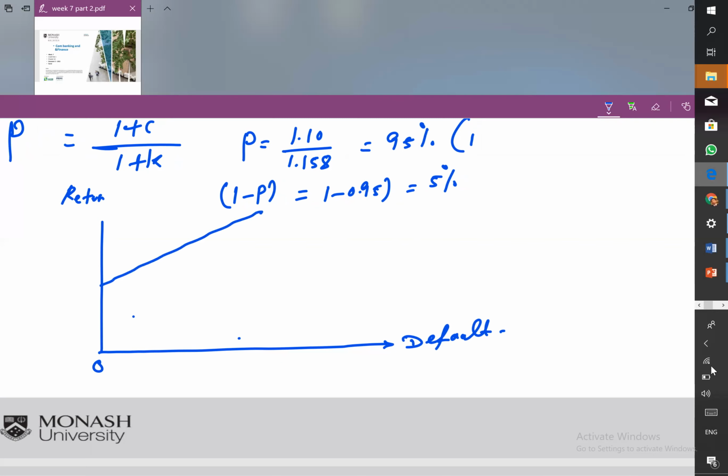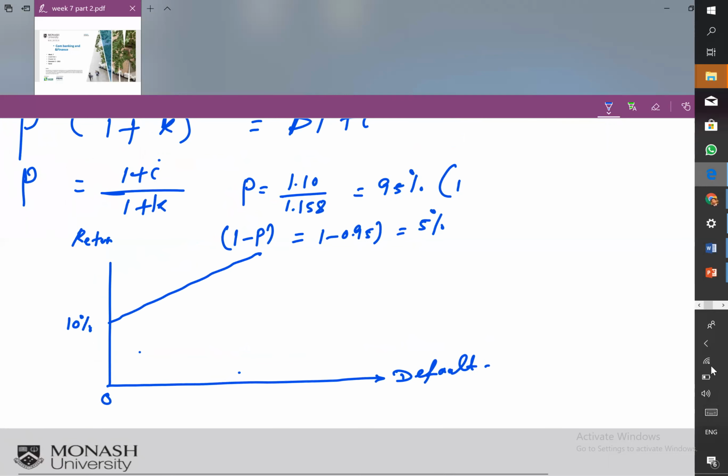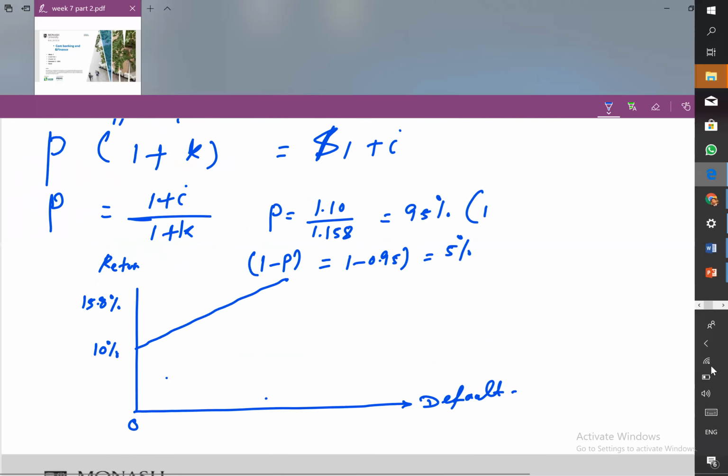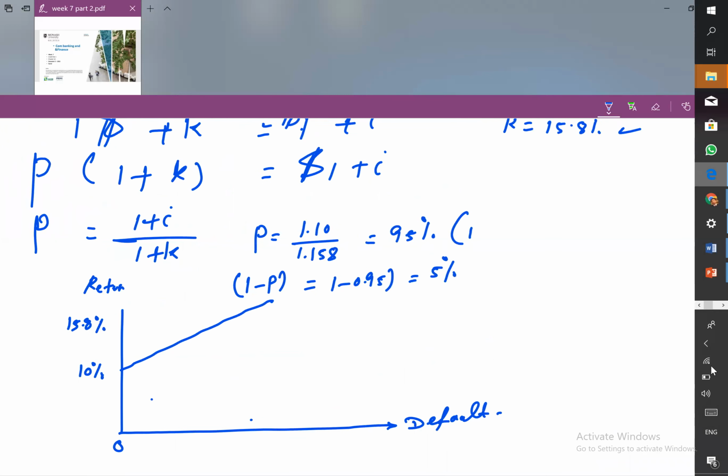So this will be 10%, which is the risk-free, and this will be, according to this calculation, 15.8%. Because I know this 15.8% and this 10%, that will give me a 5% probability of defaulting, which means I can draw it now like this.